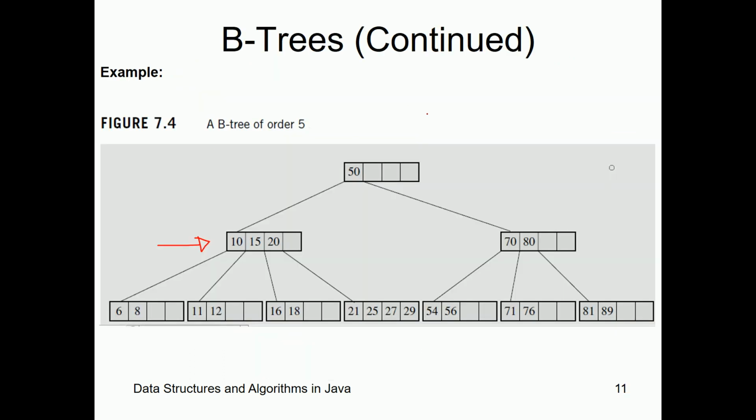In this case, m is 5. That means 5 divided by 2, ceiling, is 3. Which means we'd like these ones to have at least 3 children, the minimum.